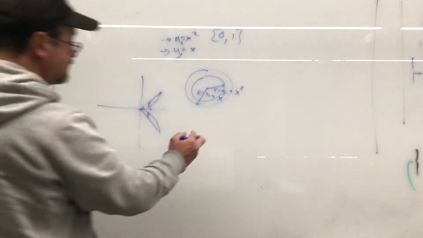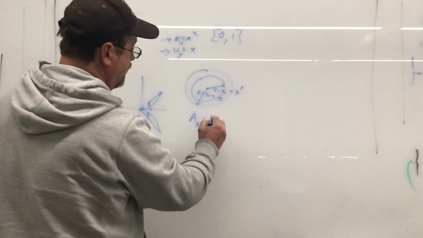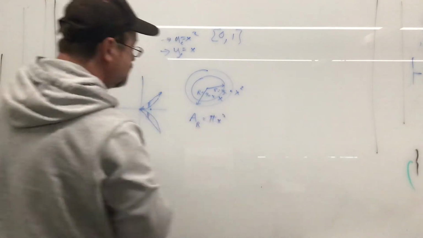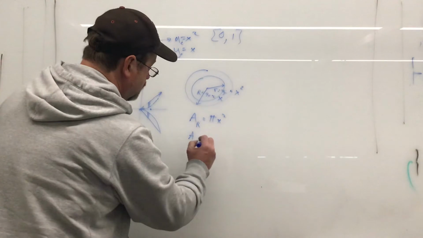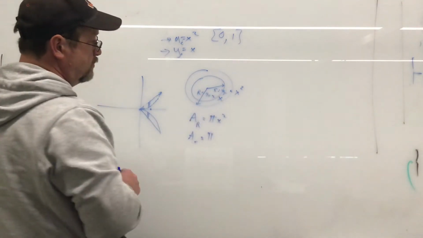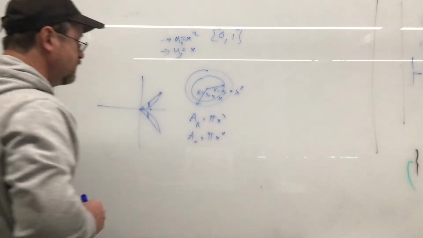So now I look at this and I say, okay, so area of the big circle is what? Pi times big R squared, which is x squared. Area of the little circle, pi times little r squared, x squared squared, x to the 4th.